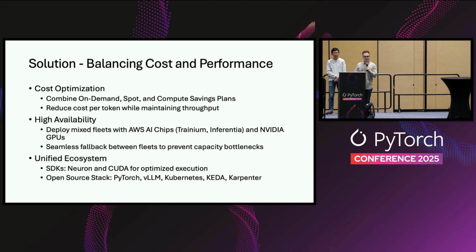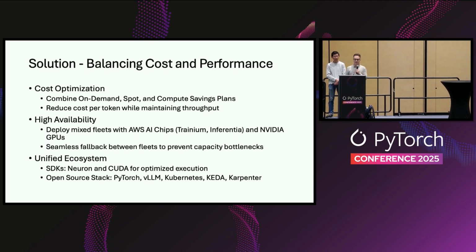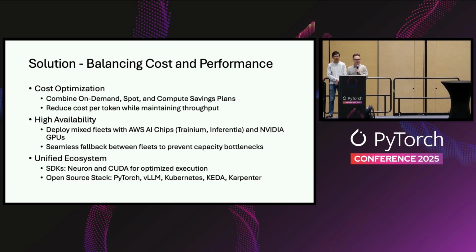The first one is on-demand, where you just start the node and you start using it. The second one is savings plans. If you are absolutely sure about how much compute you will need, you purchase it and you get roughly 60% off the on-demand price.